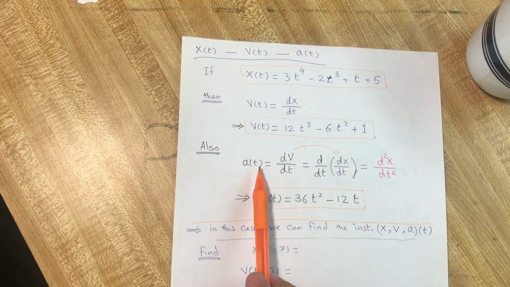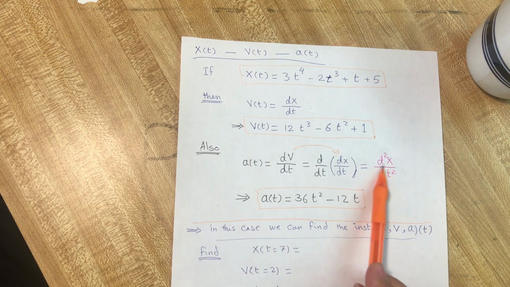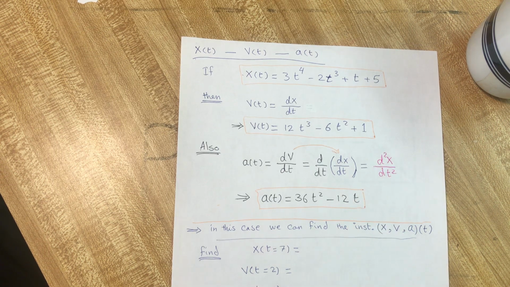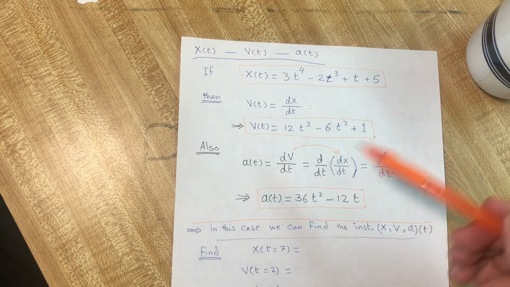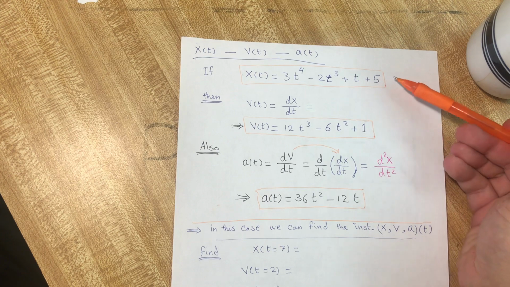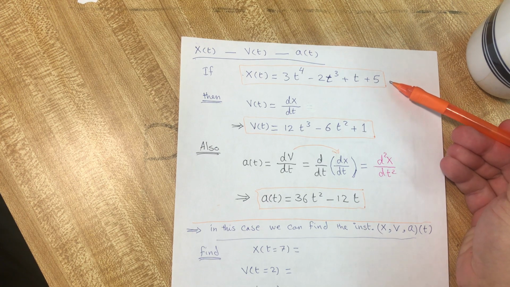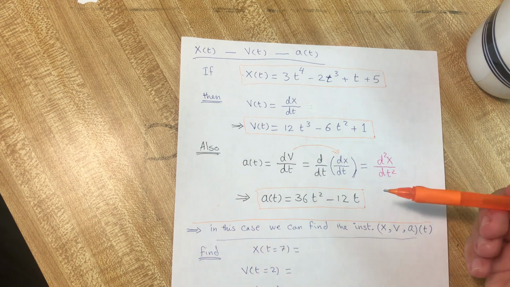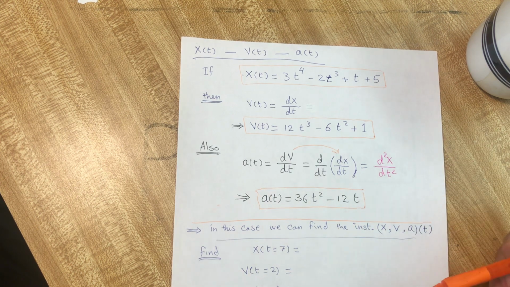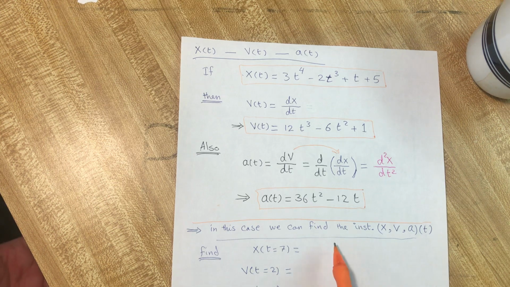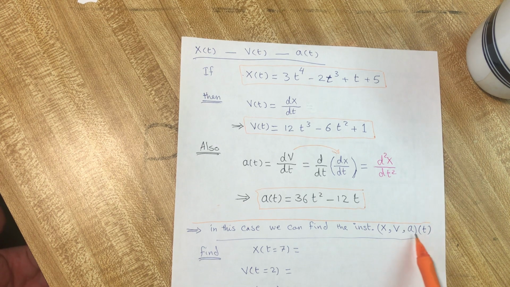So the acceleration is the second derivative of x with respect to t, which is d squared x over dt squared. Okay, you need to differentiate the x of t, the position function, two times to reach the acceleration as a function of t.